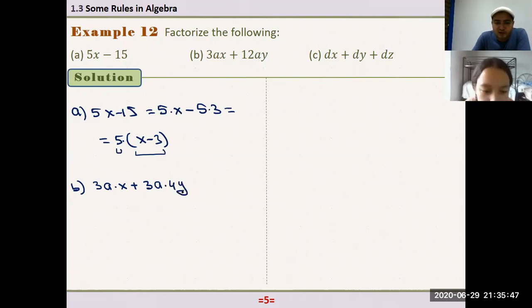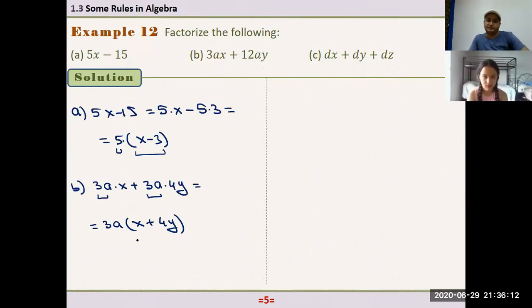Because if you simplify, 3 times 4 is 12, right? And a times y is ay. So now I can see the common factor. This is a common factor. So take this out, 3a. So here we have x. And here we have 4y. Okay, what we did here is we have factorized the given algebraic expression.